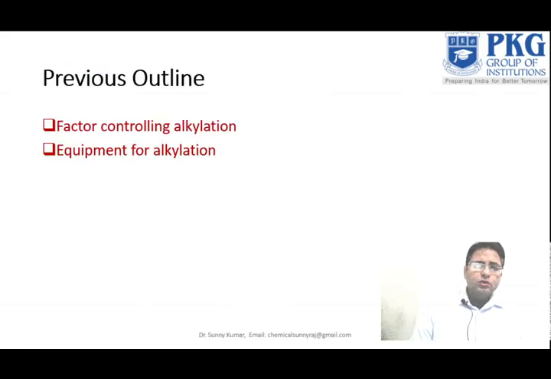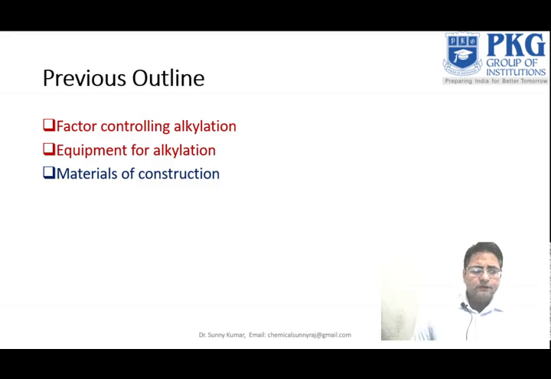Okay, so in the previous lecture we discussed the different factors controlling alkylation. We discussed that the equipment for alkylation is also important, and the materials of construction also matter, as does the corrosion of apparatus.